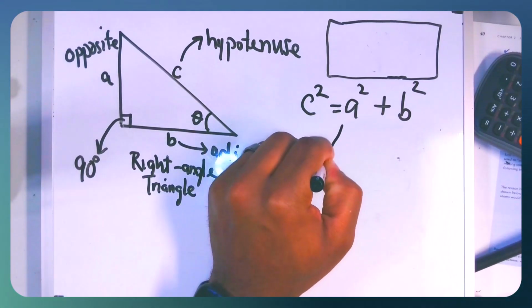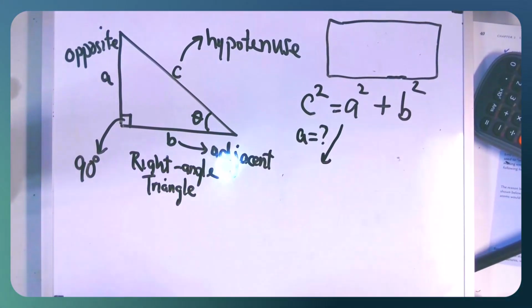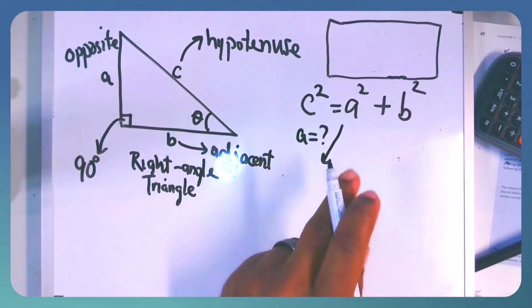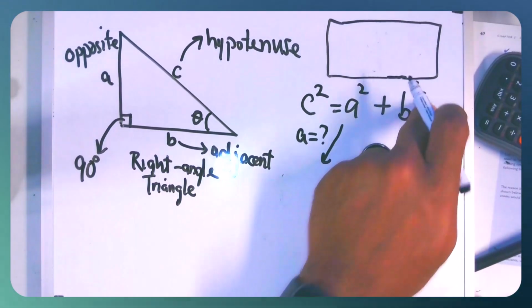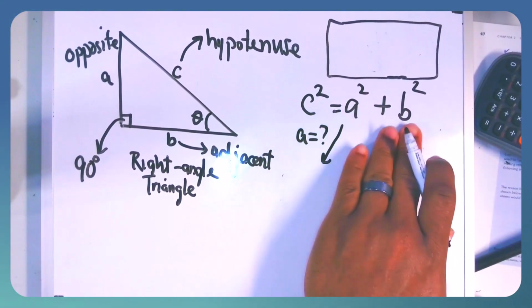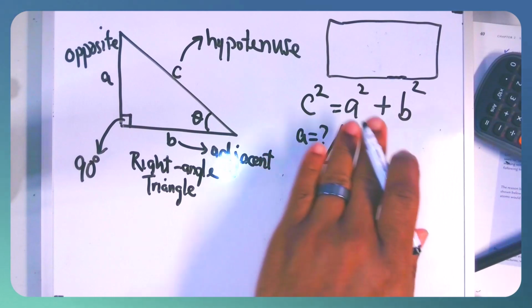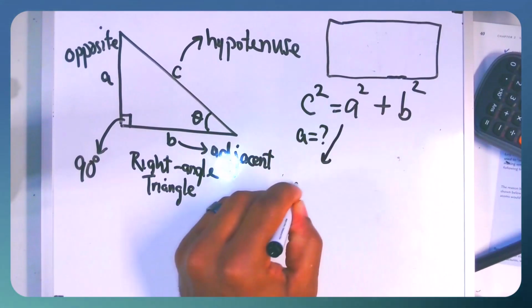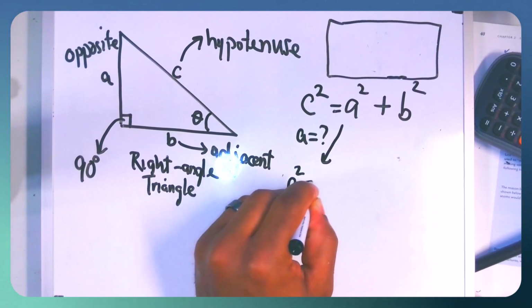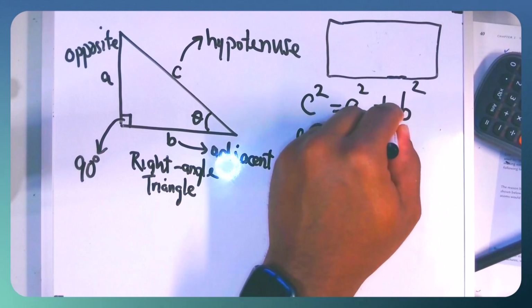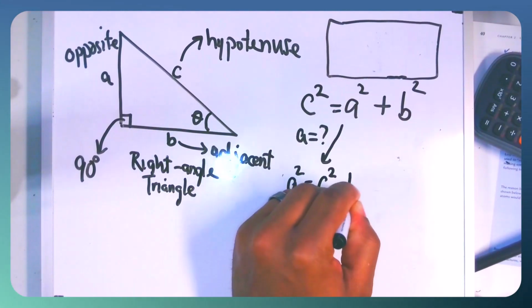First scenario: if you don't know what the A value is, how are you going to figure this out? Since we have our positive B squared on this side, we have to move it over to the other side. That means it becomes a negative value on the other side of the equal sign. So our A squared stays right there, and this is equal to C squared minus B squared.